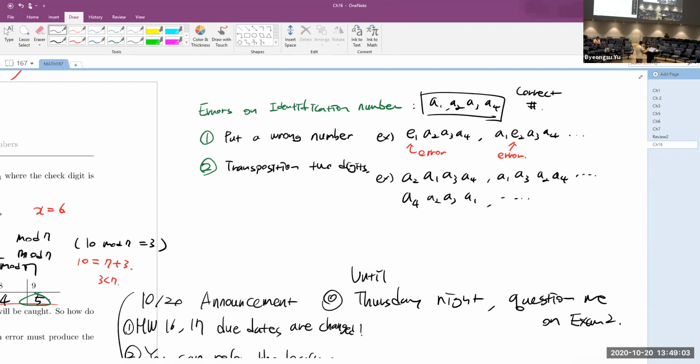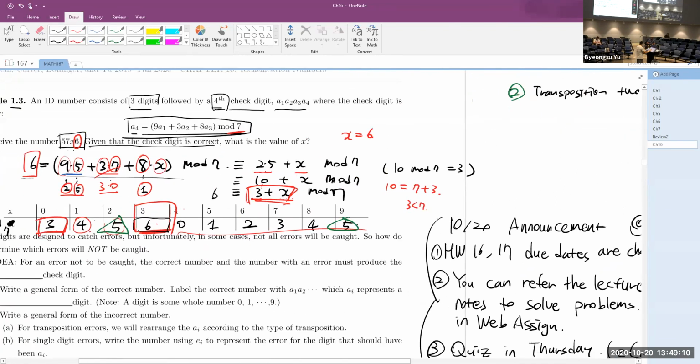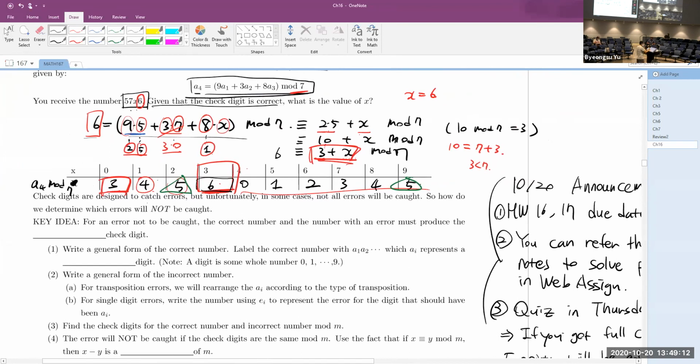So check digits are designed to catch errors, but unfortunately, in some cases not all errors will be caught. How to determine which errors will not be caught is what we want to do today.